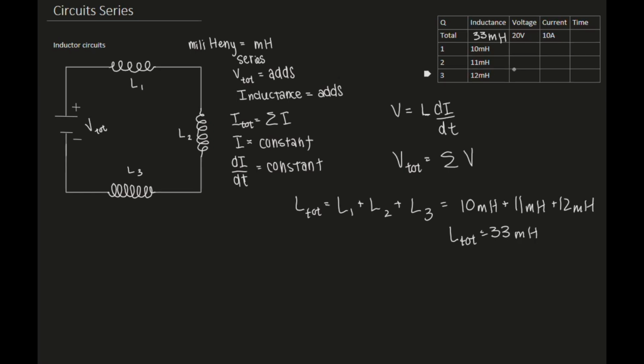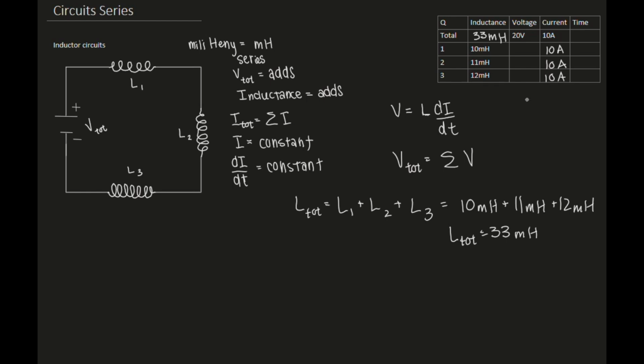Before I do anything further, because I know that this is an in-series circuit, the current is constant across the entire circuit. So this is also I, 10 amps across the entire circuit.